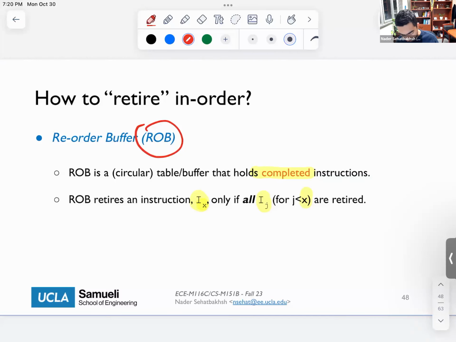So, for example, with I1, I2, I3 and so on, we retire I1, we retire I2, we retire I3. But if we have 5, we're not going to retire 5 until 4 arrives. Once 4 arrives, we retire 4, and then we retire 5, and then we continue. Okay, so the retire always happens in order. Completes can happen in any order they want.